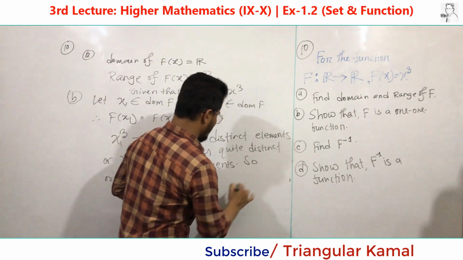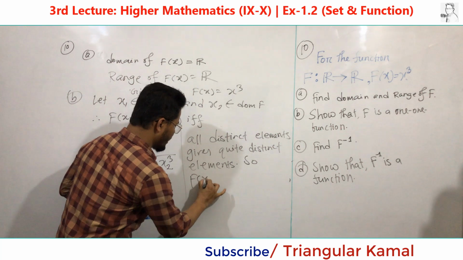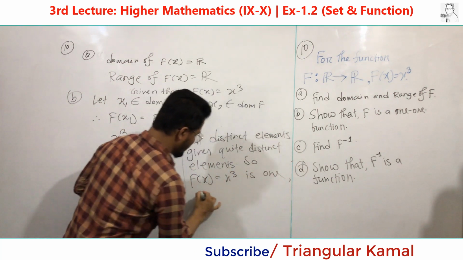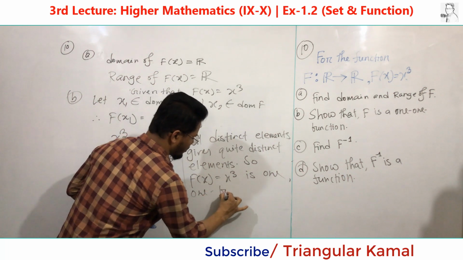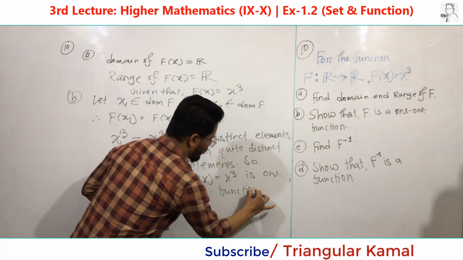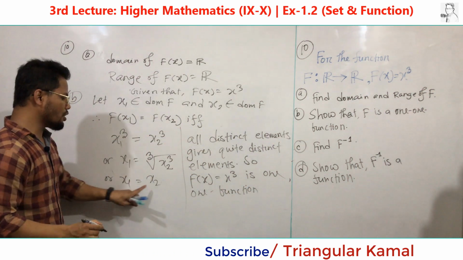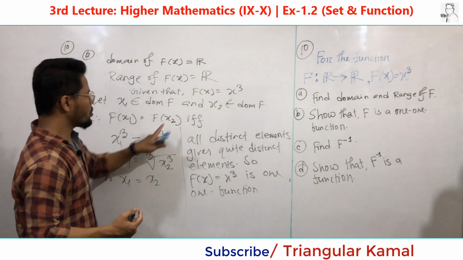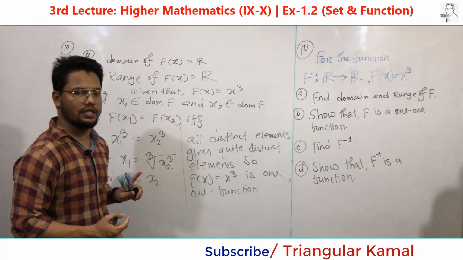So f of x is x cube is a one-to-one function, or you can write that the image of all domain elements is distinct from each other. So f of x is a one-to-one function.